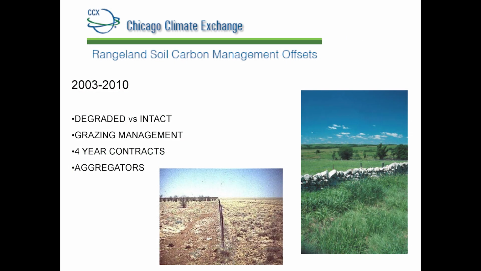So, a little bit about risk management. I worked with Chicago Climate Exchange. In the 2010s, I was on an advisory committee that helped them set up their rangeland offset program.